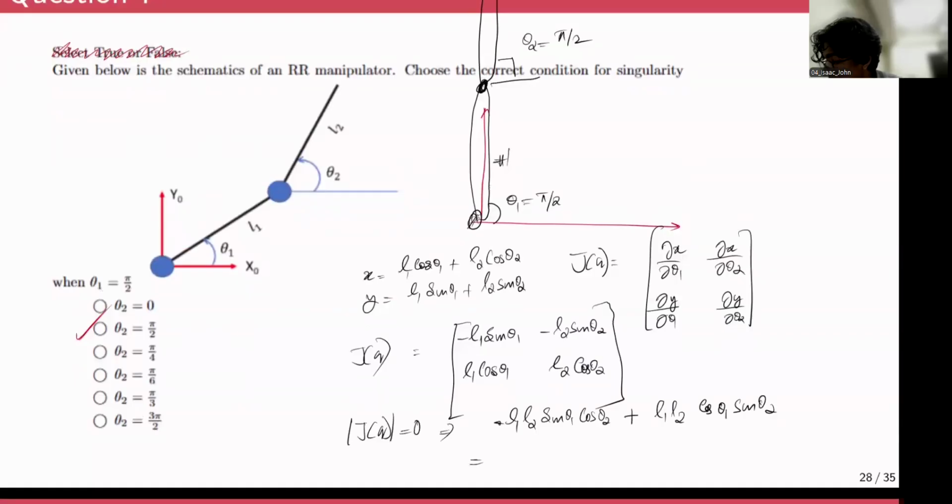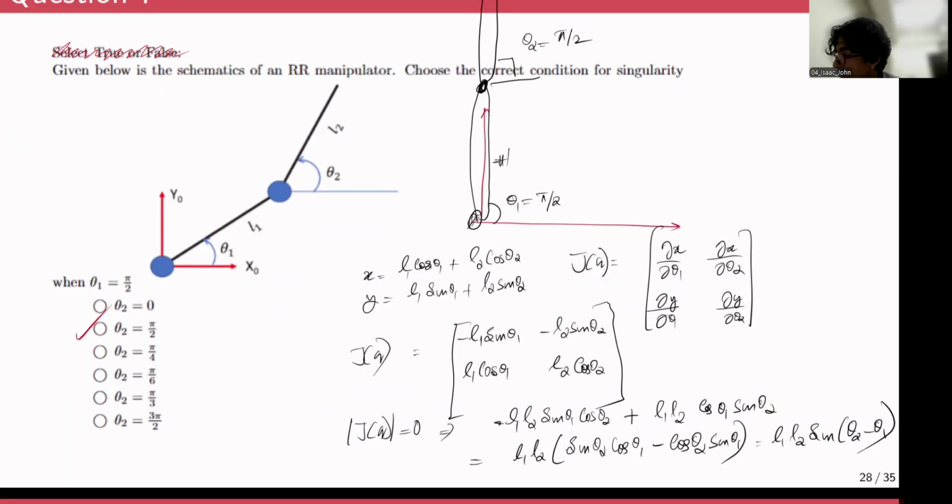This is essentially L1 L2 times sin theta 2 cos theta 1 minus cos theta 2 sin theta 1. I can write this as L1 L2 sin of (theta 2 minus theta 1).